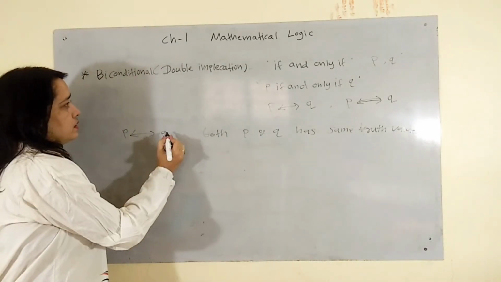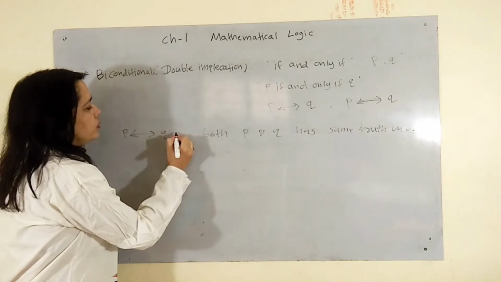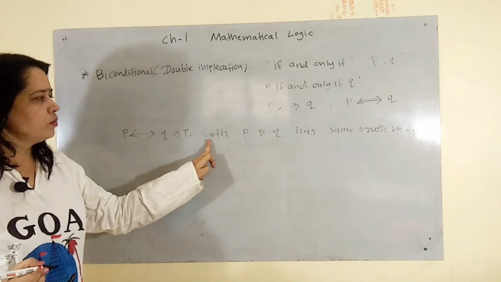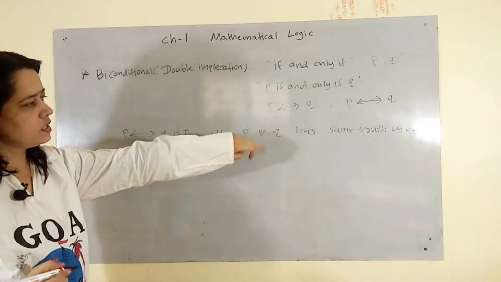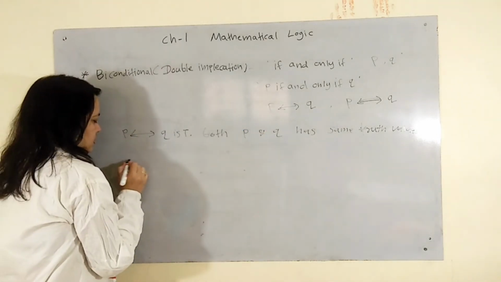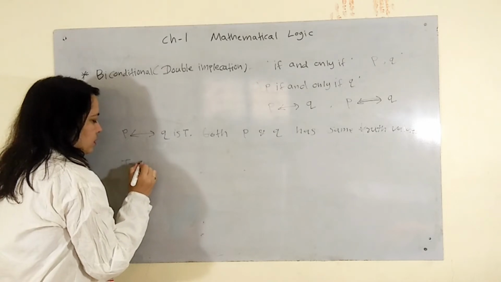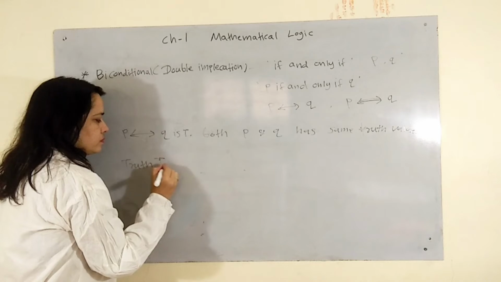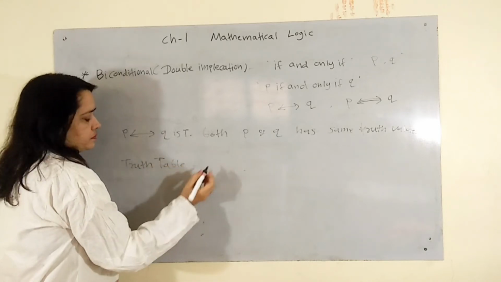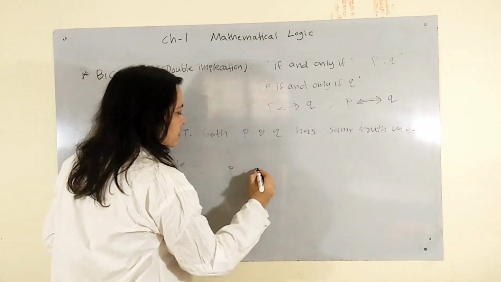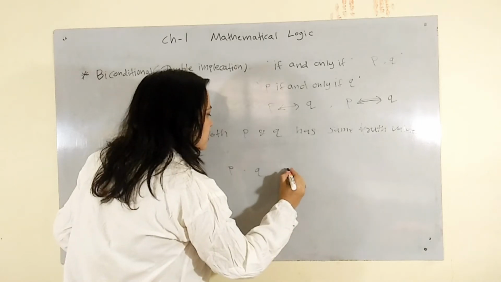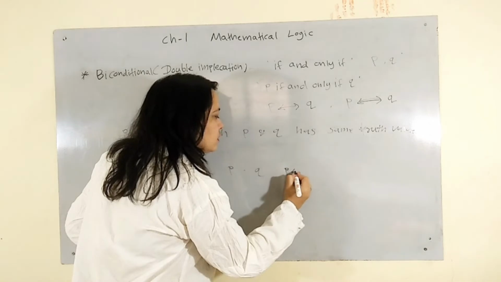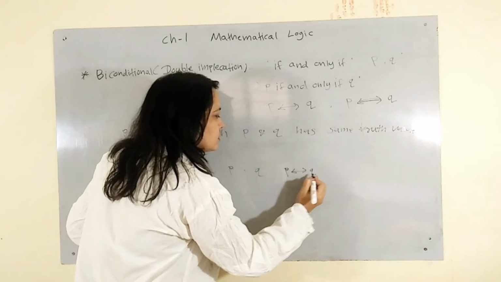P biconditional Q is true if and only if both P and Q have the same truth value. So let's take a look at the truth table. Here P, Q, P biconditional Q.